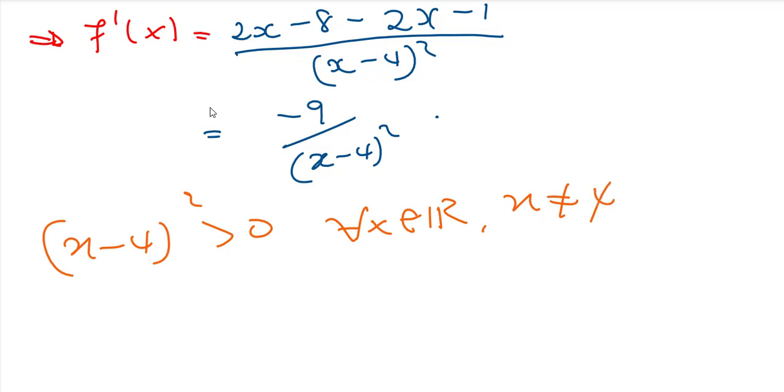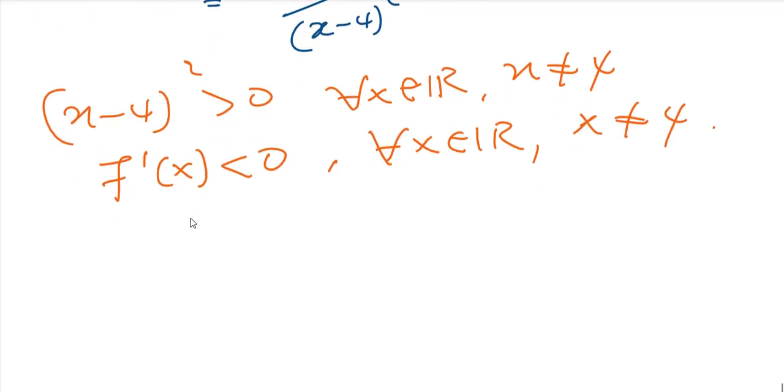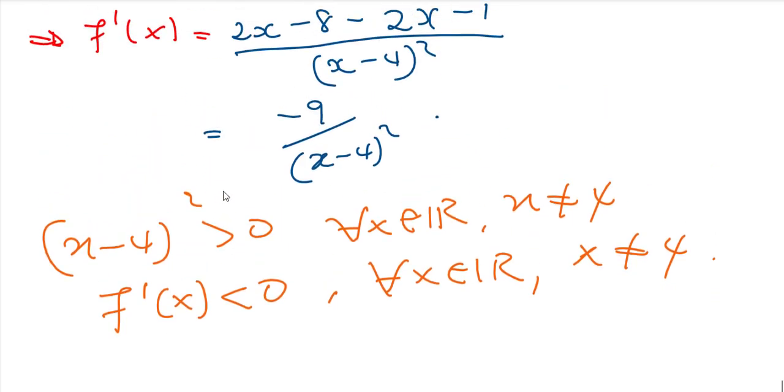We don't need that case, because it will not be defined. And so since this is always positive and the numerator is a constant, what does it imply? It means that f prime of x will be negative for every x in the set of real numbers, such that x should not be equal to 4. So that function is a decreasing function since f prime of x is negative.